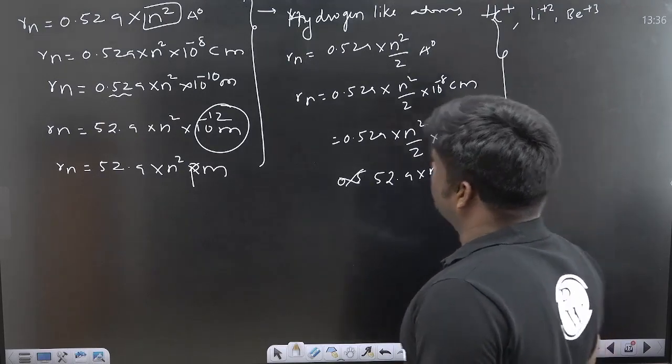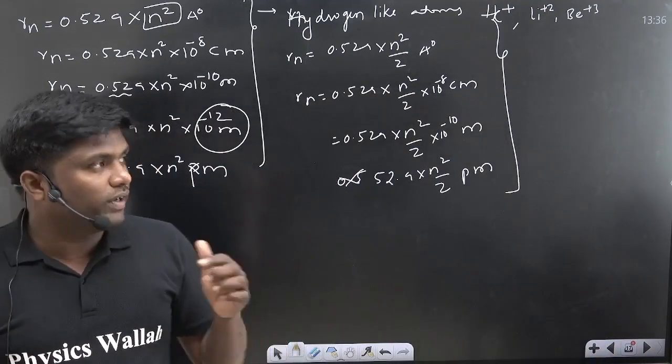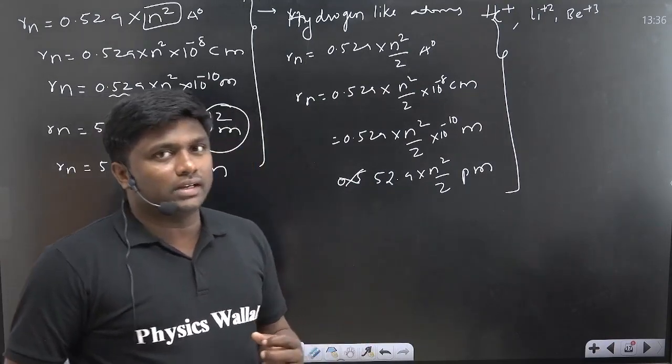So all these are the formulas to calculate the radius of nth orbit of hydrogen like atoms, right?